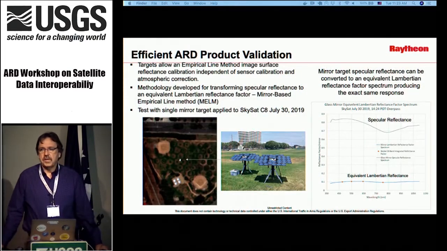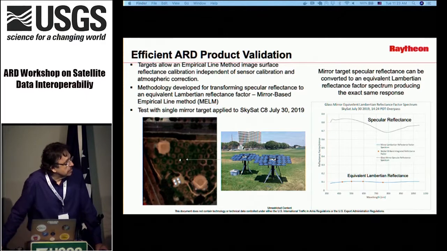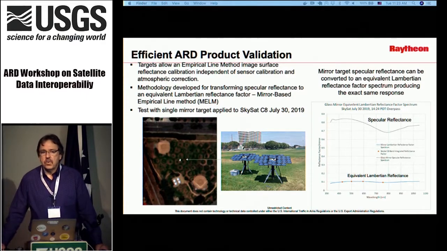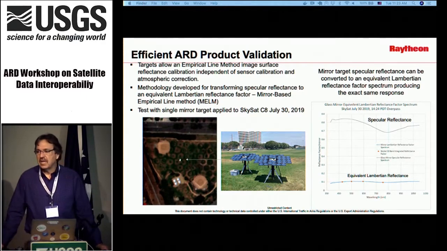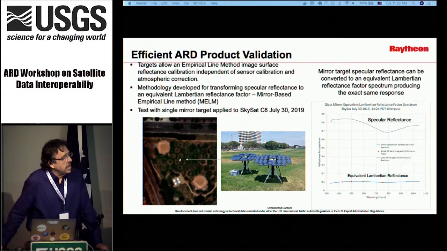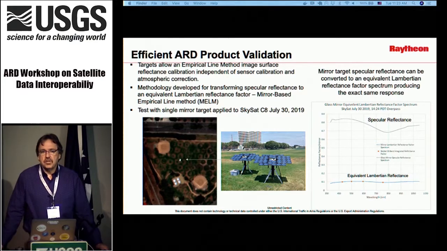One thing that we were hoping to demonstrate here, but the satellite was not able to collect here on campus, but we did collect successfully last week, was out at a site at our location where I set up a target to show that we can actually do an empirical line method calibration with this system as well. That is, you can use this information to actually calibrate the sensor from DN directly to surface reflectance by putting targets with known surface reflectance on the surface.